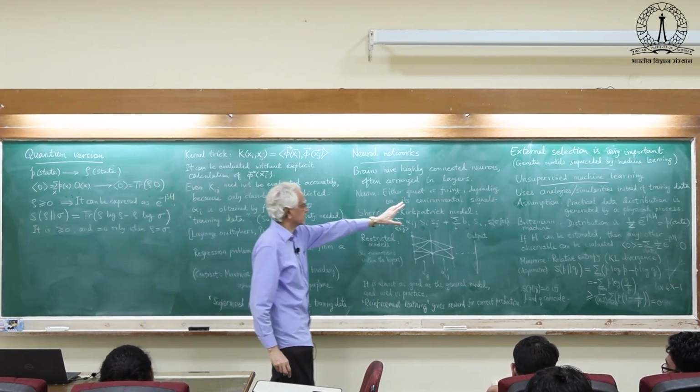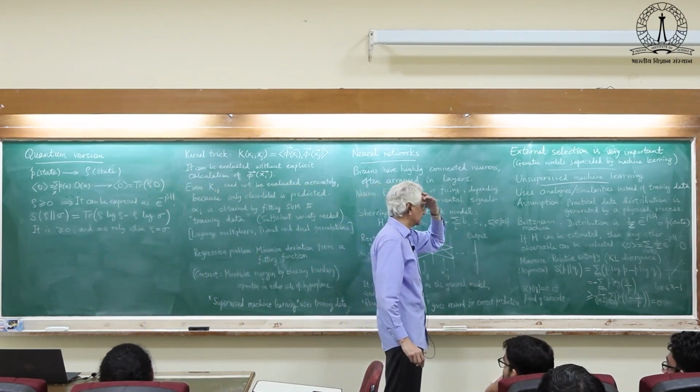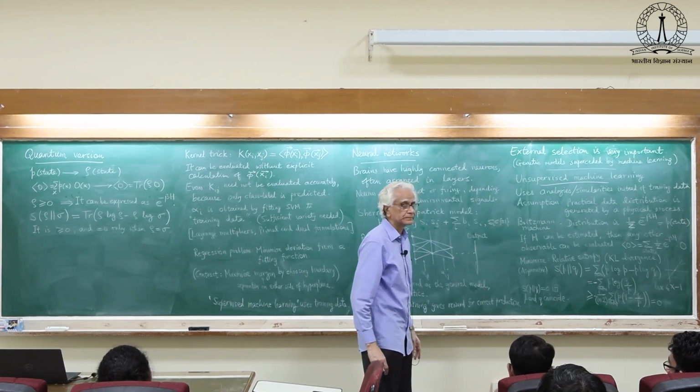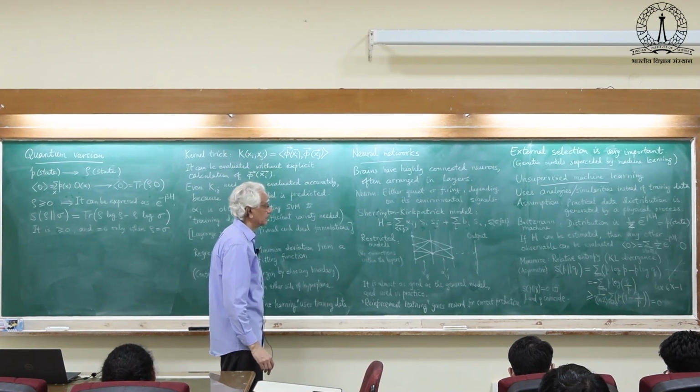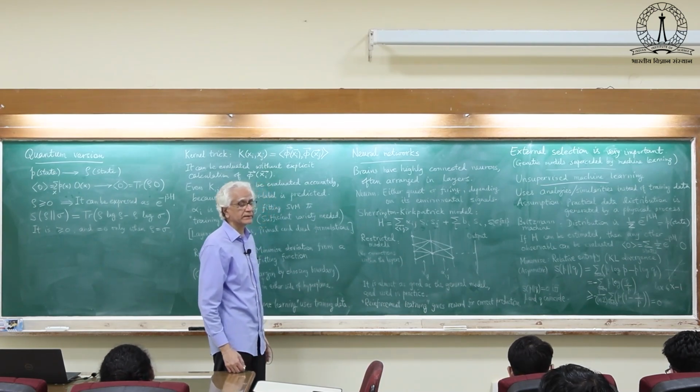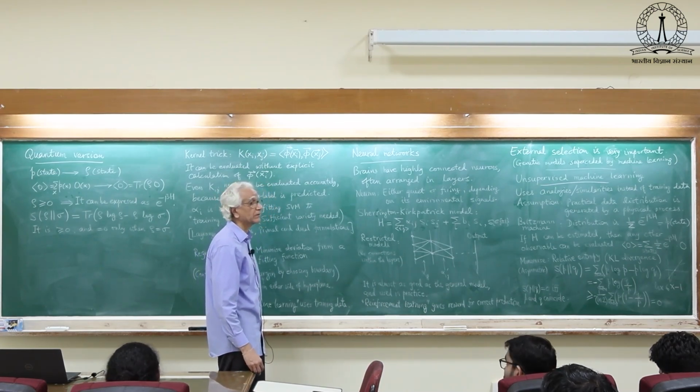So, the arguments which allowed you to produce all these things go through. All you need to do is jump from the probability distribution to the density matrix. Where is the difference?